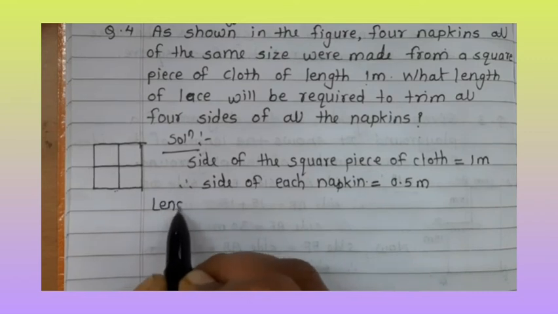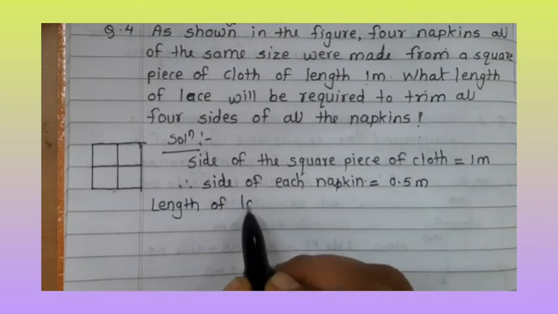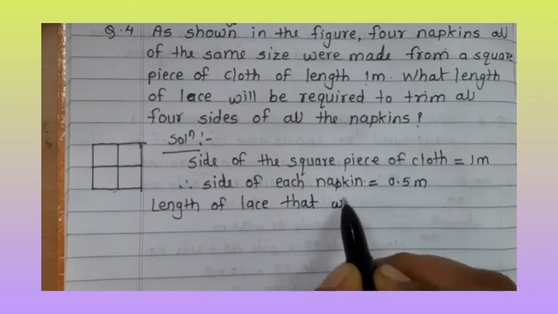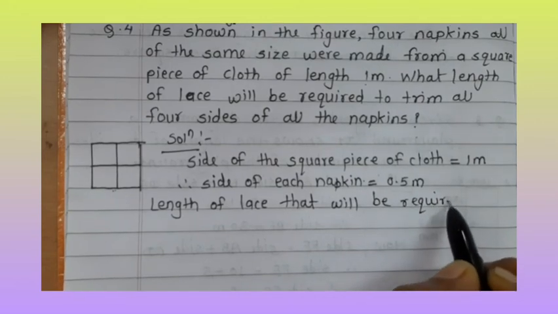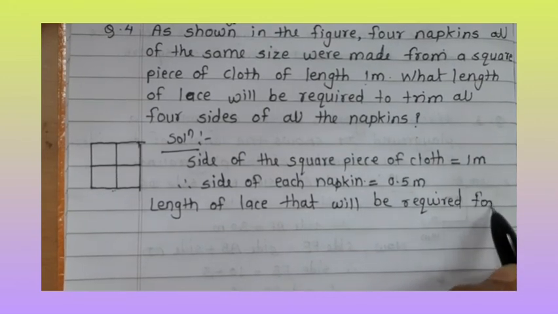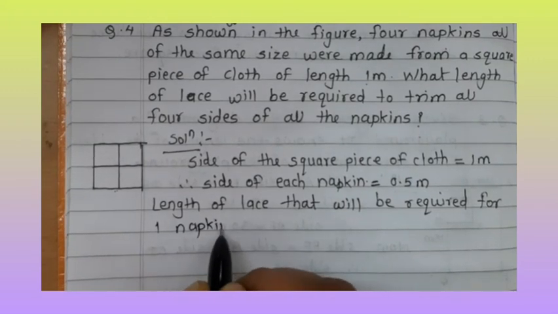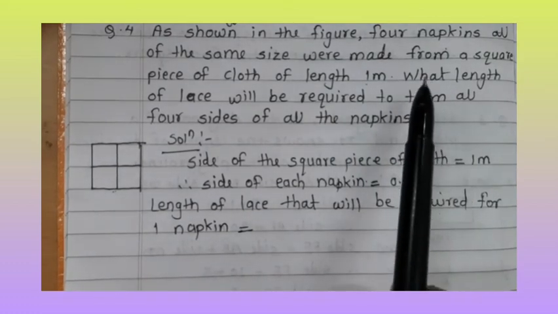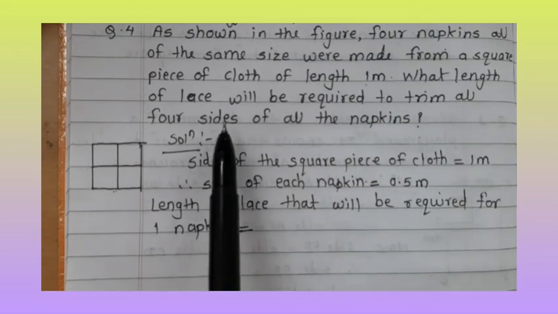Okay. Next. Length of lace that will be required for 1 napkin is equal to, because they ask the question what length of lace will be required to trim all the four sides.